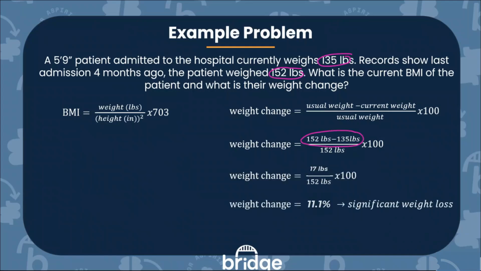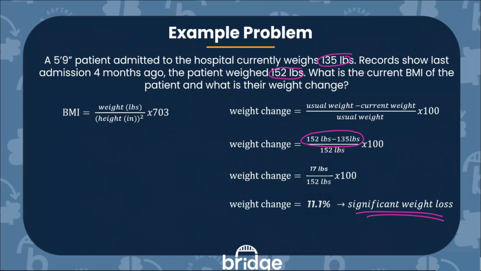If you take 17 pounds and divide it by the usual weight, times 100, you will find the percent weight change, which is 11.1%. Since this happened in 4 months, this is a significant weight loss and an indicator of malnutrition.